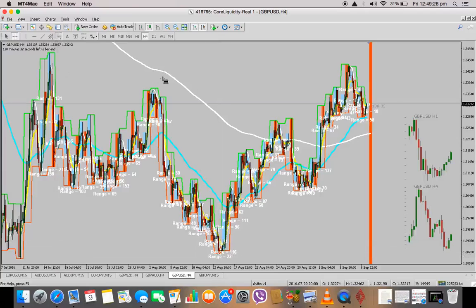I'm going to grab my fibs, draw from here to here for the time being. I can actually extend that out to this point as well. So I could draw a line up the top here, and I'll just extend that to this point here.